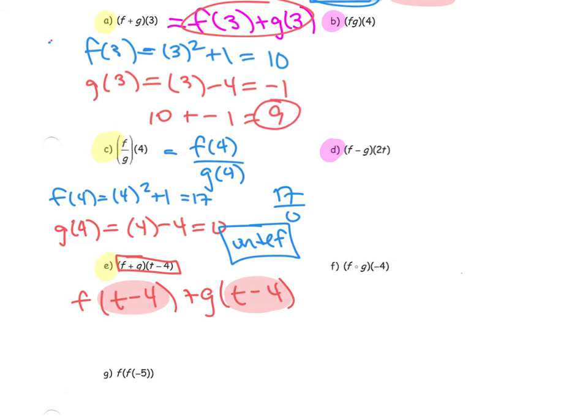And if you remember, we said f of x is equal to x squared plus 1. So this is really just (t minus 4) squared plus 1, plus this whole thing, where this is g of t minus 4, where g of x is equal to x minus 4. So we have t minus 4 minus 4.